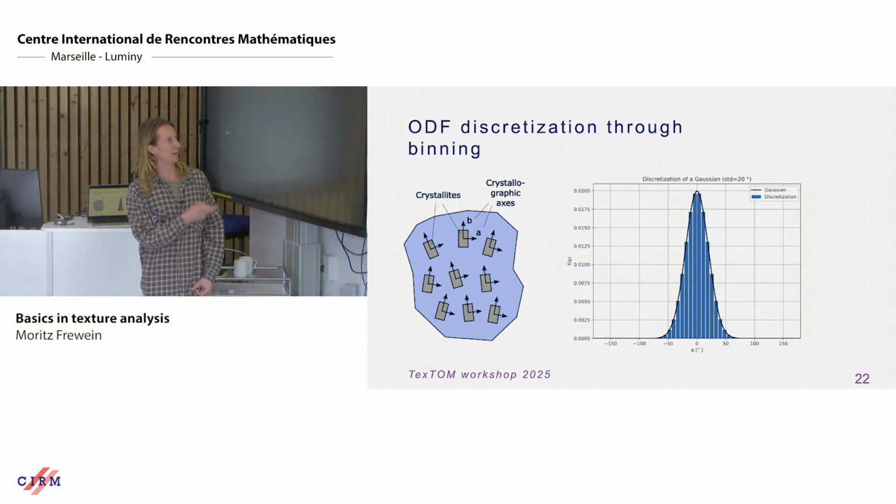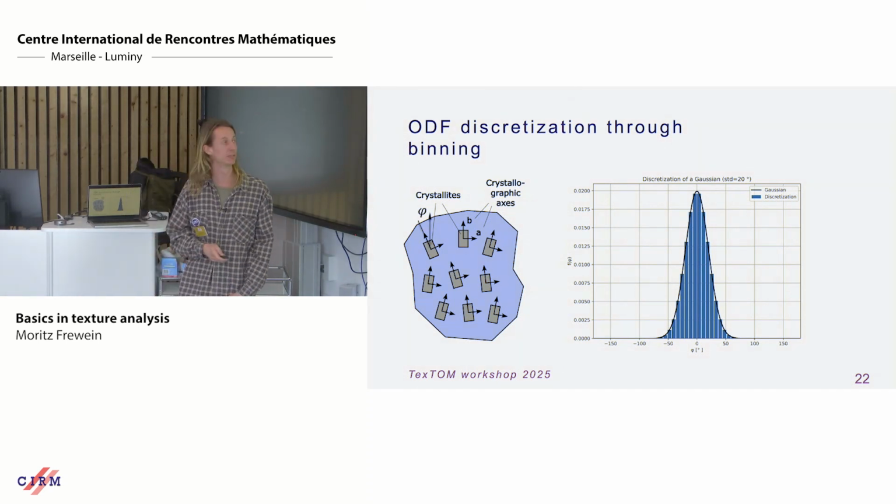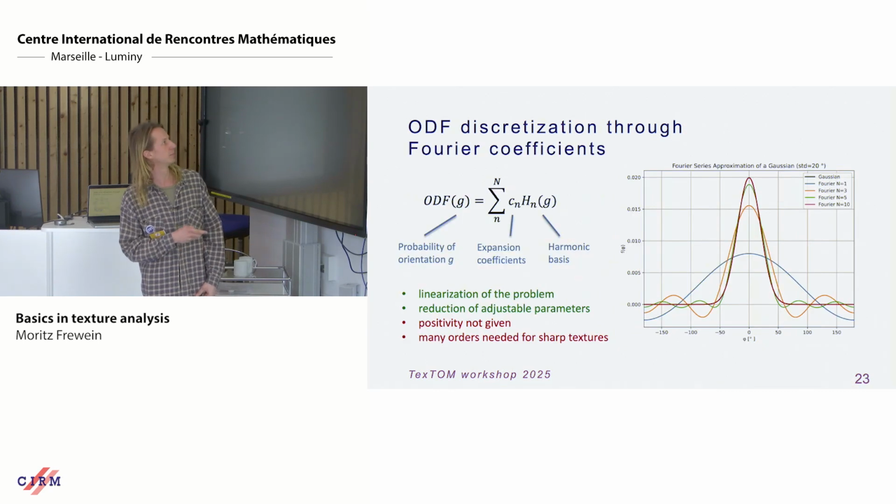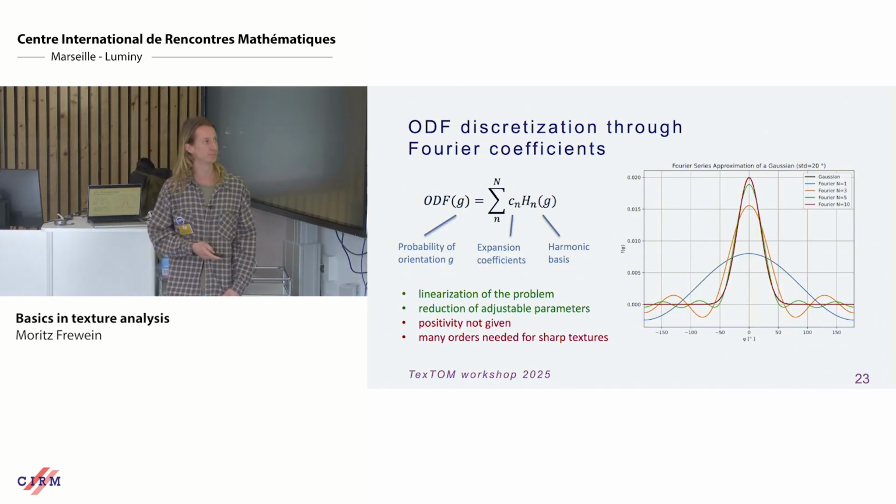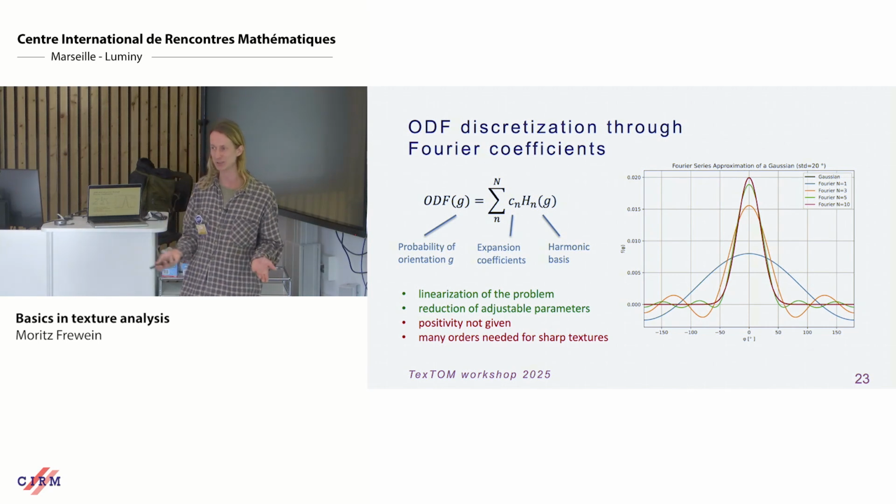Another way, which we are using in our model, would be described by harmonic functions. I'm sure you know, if you have this Gaussian function here, you can also approximate it by a sum of sines and cosines.